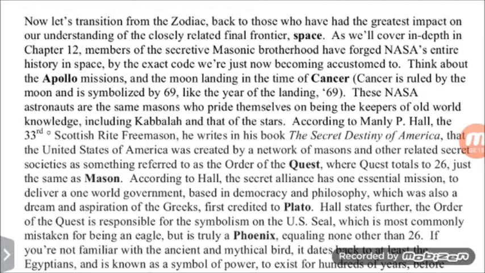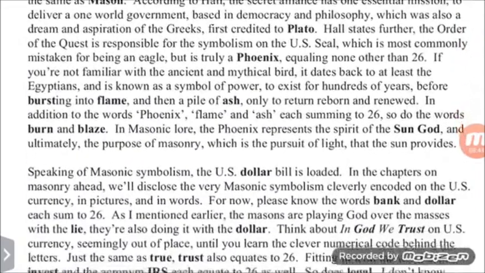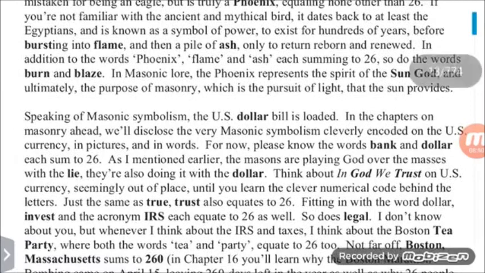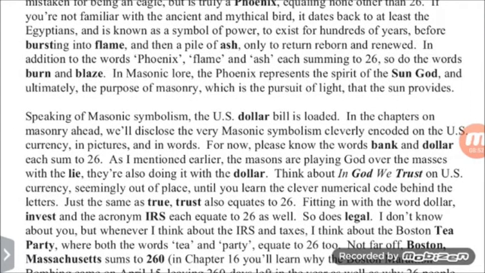Hall states further, the Order of the Quest is responsible for the symbolism on the U.S. seal, which is most commonly mistaken for being an eagle, but is truly a phoenix, equaling none other than 26. If you're not familiar with the ancient and mythical bird, it dates back to at least the Egyptians, and is known as a symbol of power to exist for hundreds of years before bursting into flame, then a pile of ash, only to return reborn and renewed.